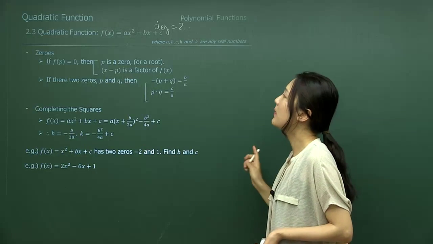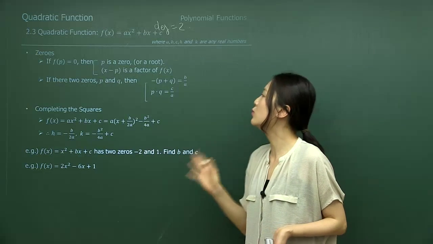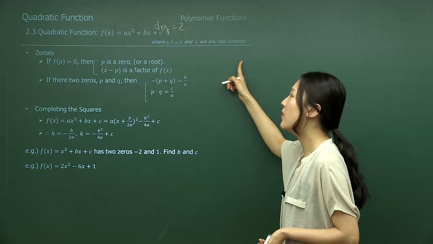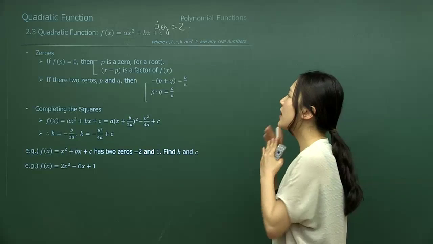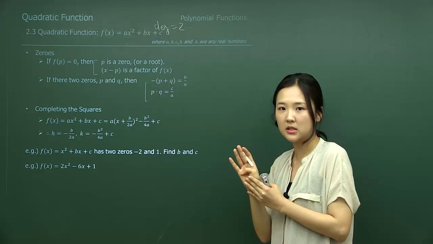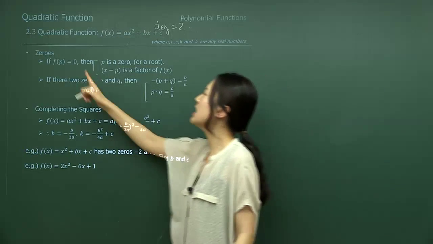Okay, now let's talk about the things that you must remember when it comes to quadratic functions. There are so many. Well, first of all, for quadratic functions, you can find the zeros by factorizing or using the quadratic formula as well. So anyway, what is a zero?